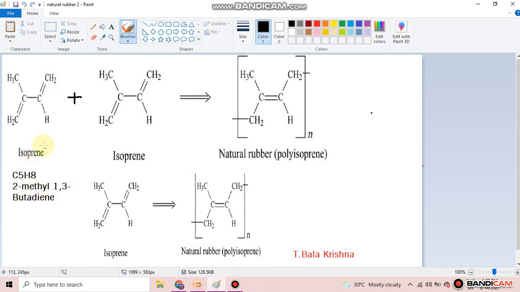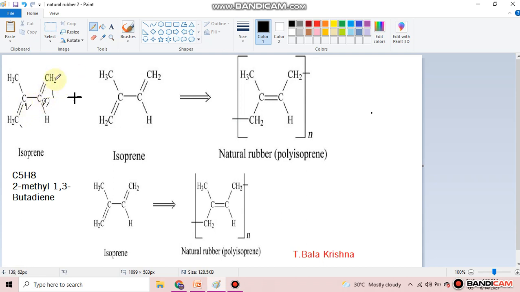So 2-methyl 1,3 butadiene structure is 1, 2, 3, 4. Write the numbers. This is 1, this is 2, this is 3, this is 4.